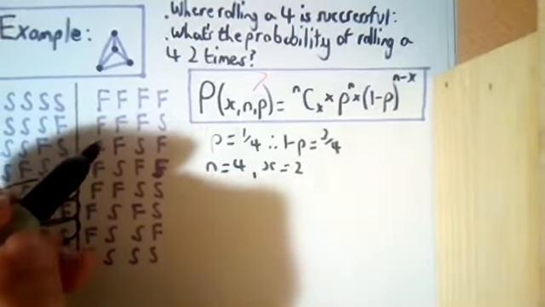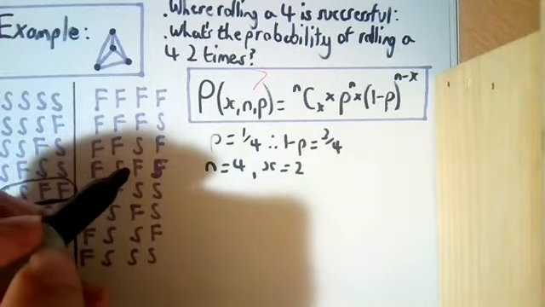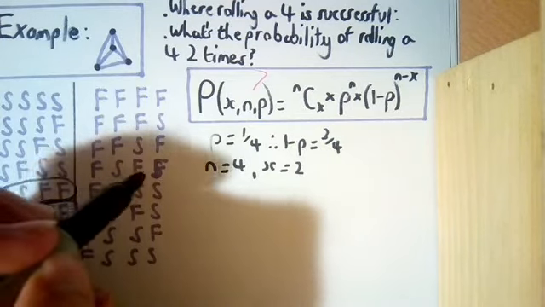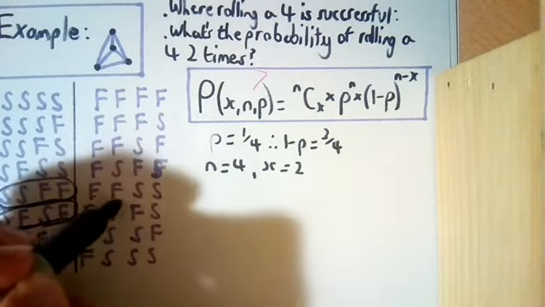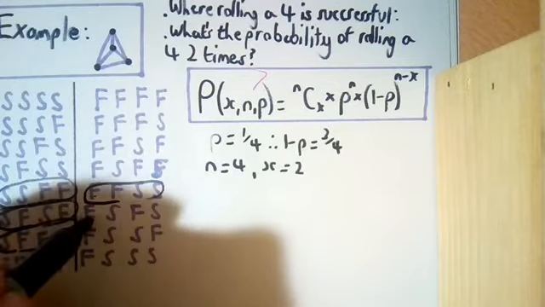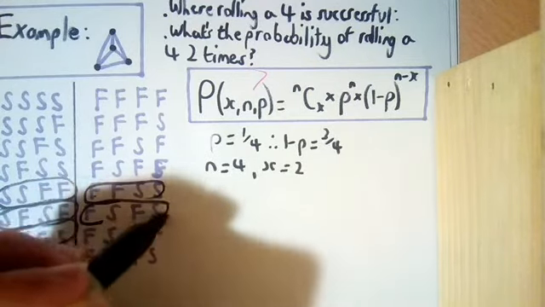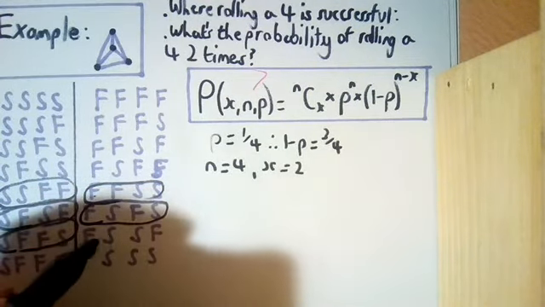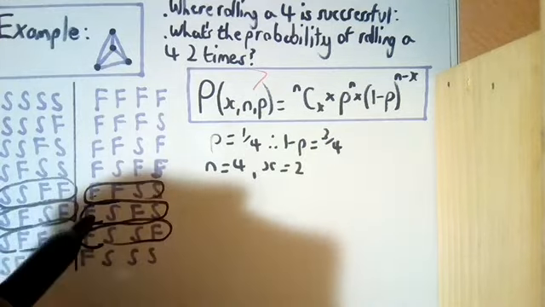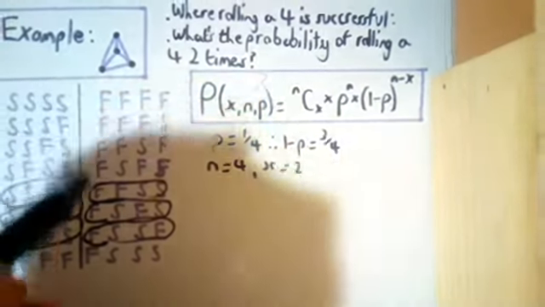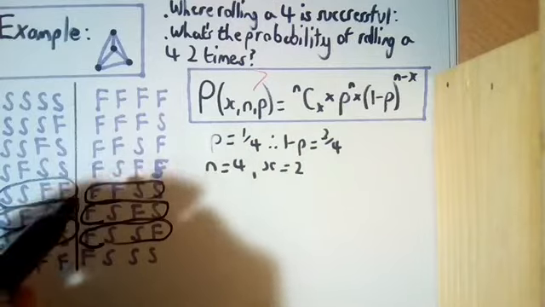Also on this side we have F, S, F, S, and then F, F, S, S, so this one as well. Then F, S, S, F. I like to write them out like this. It's nice and ordered. These all start with S, these all start with F. That's all my 16 outcomes. So it's 6 out of 16.